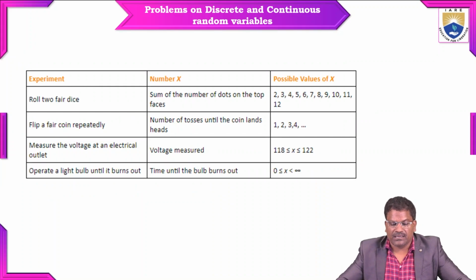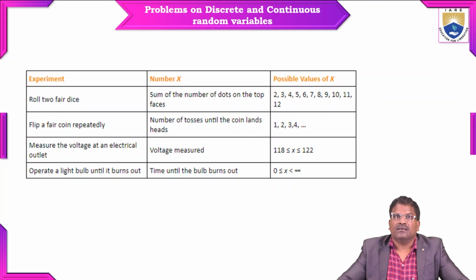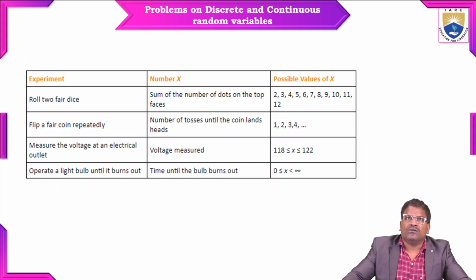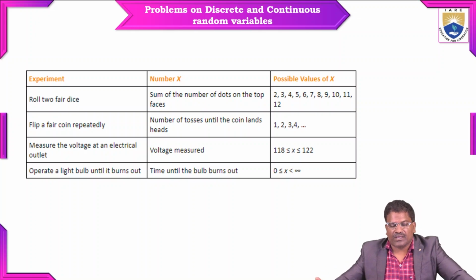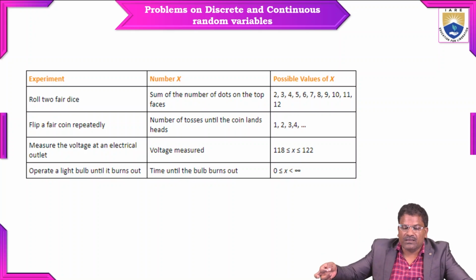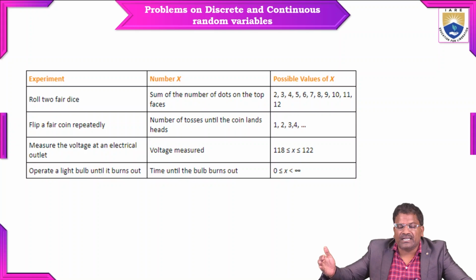Now let us see this table: experiment number, x, possible values of x. Let us take the experiment of rolling 2 fair dice. The parameter we are taking is the sum of the number of dots on the top faces.